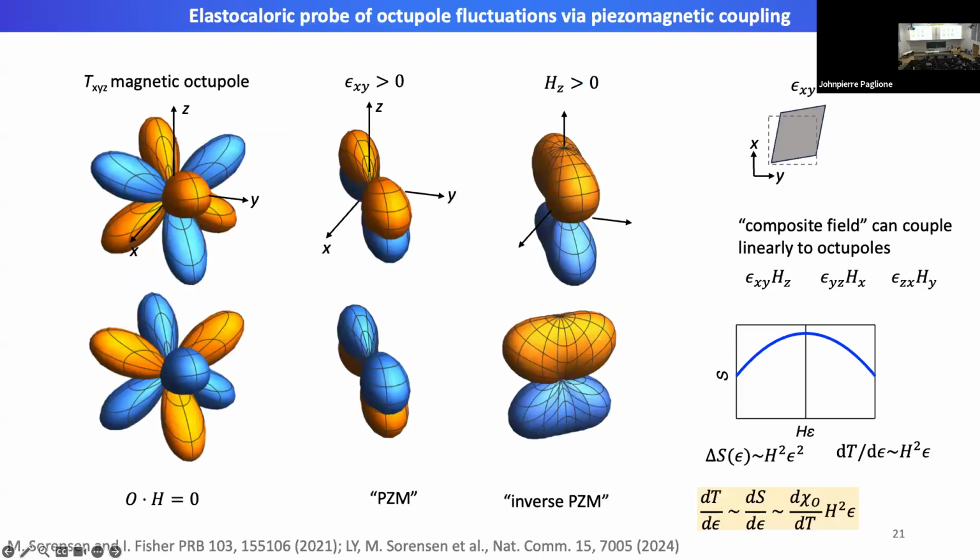piezomagnetic coupling, and here we can see that starting from the two time reversal pair of the magnetic octopolar states, if we try to deform those objects in the XY plane, for instance, right, you can think about this deformation selectively enhancing the magnetic intensities within the positive XY quadrant, and this would result in the object having a net magnetic dipole moment along the z direction, right?